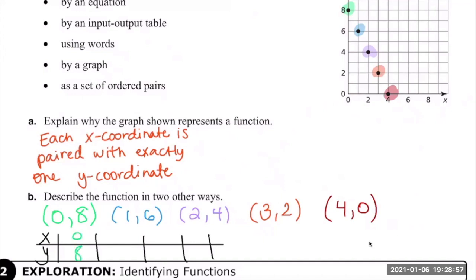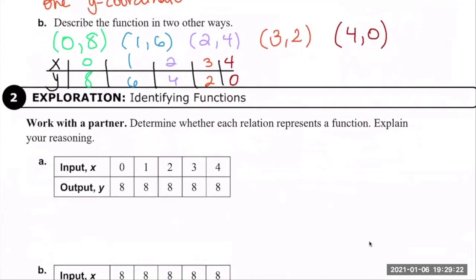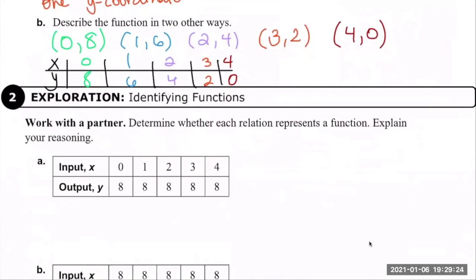So we have 0 and 8, 1 and 6, 2 and 4, 3 and 2, and lastly 4 and 0. Obviously, there are other ways to do this, but these are the two that I thought was the best for me to do. Alrighty, moving on to 2.